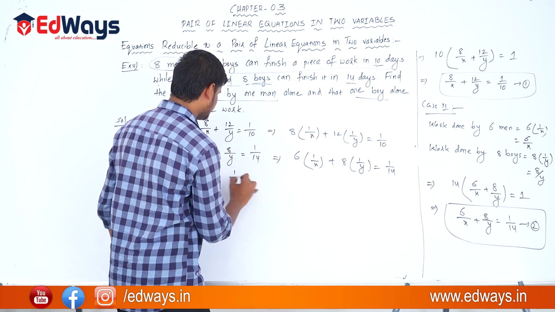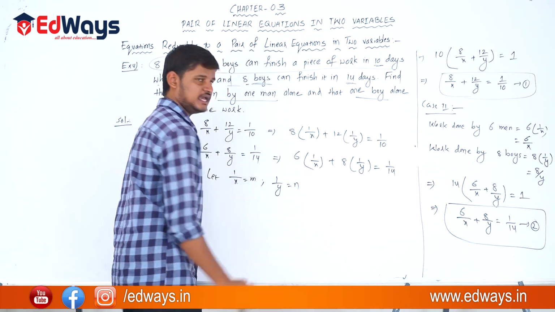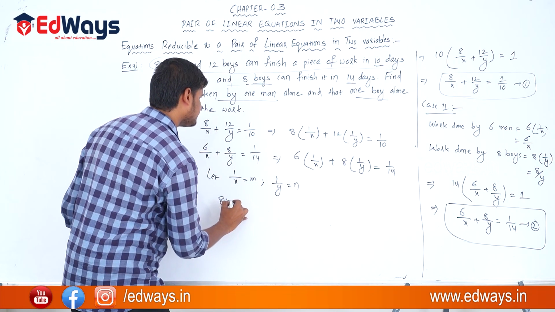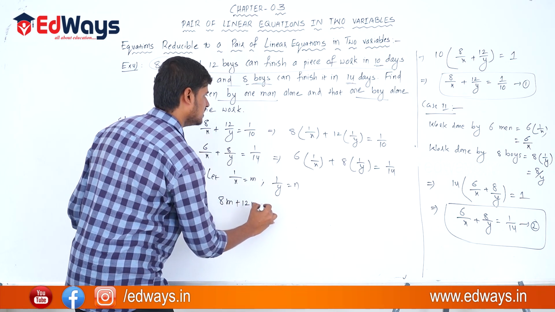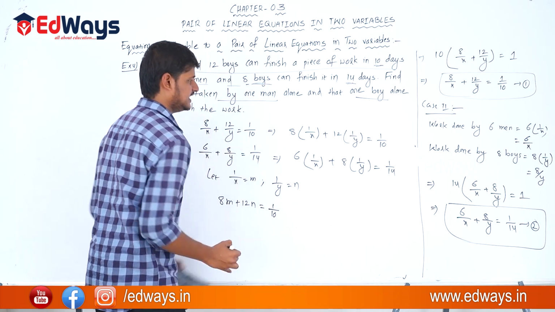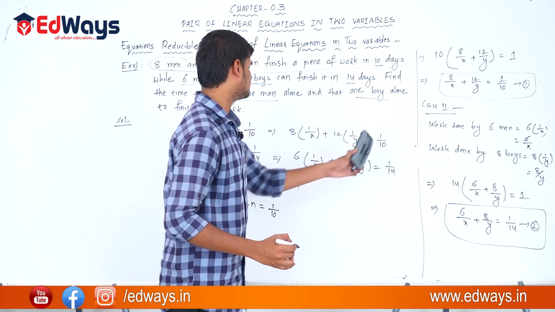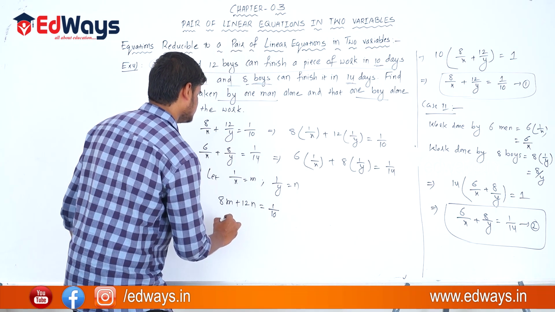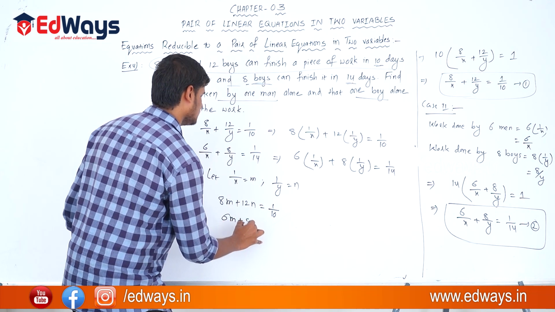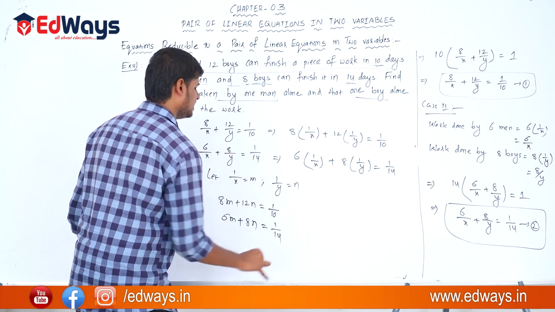So let 1 by x be m and 1 by y be n. The equations now become 8m plus 12n is equal to 1 by 10, and similarly 6m plus 8n is equal to 1 by 14.